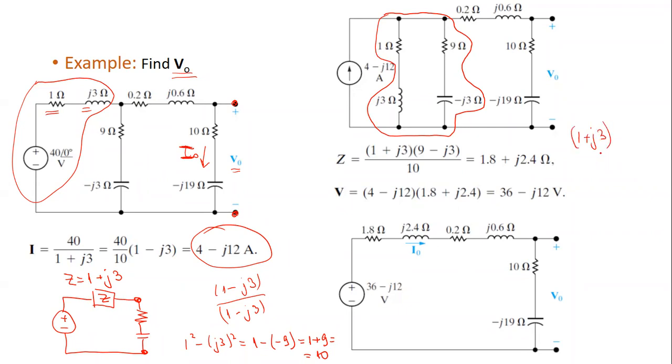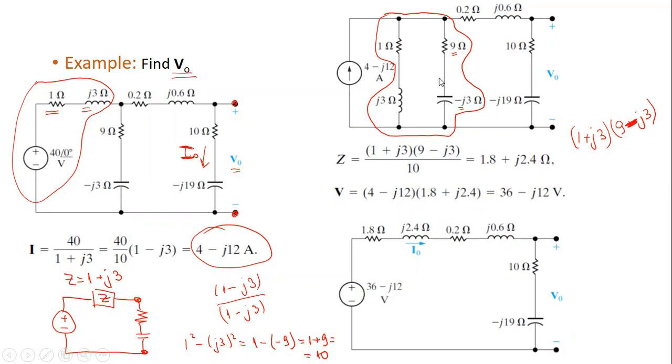The other impedance is resistance 9 and reactance negative J3, so it is 9 minus J3. So these are the two impedances that we have.